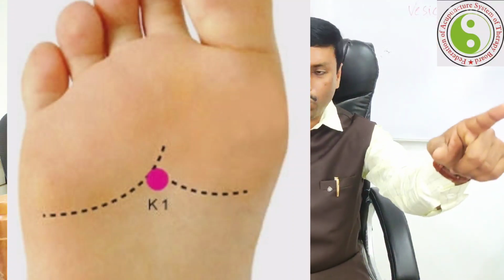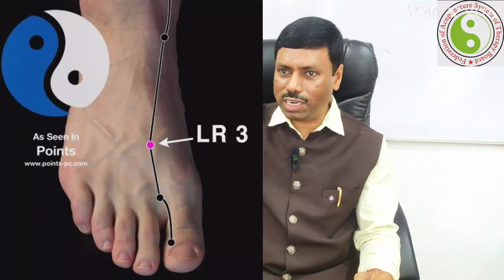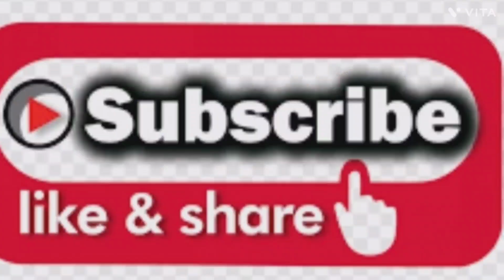So K1 is also treatable towards Liver 3, because the liver takes care of all head and neck related disorders. By the way, the kidney also strengthens the bones and regulates brain function as well. So maximum diseases, one particular point. Nearly hundreds of diseases can be treated by activating the single point known as K1.